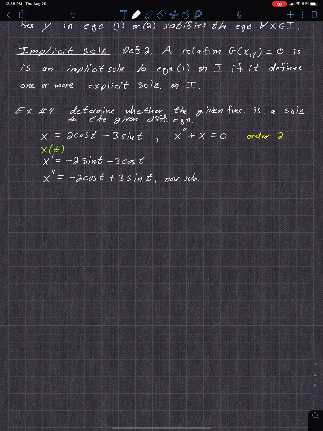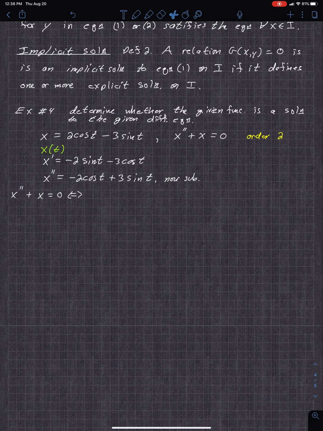Now to check it, you're going to substitute into y double prime plus x equal to 0 and see if that works. Sometimes I'll go sideways like this more than I would normally just to keep it all on one page for us.